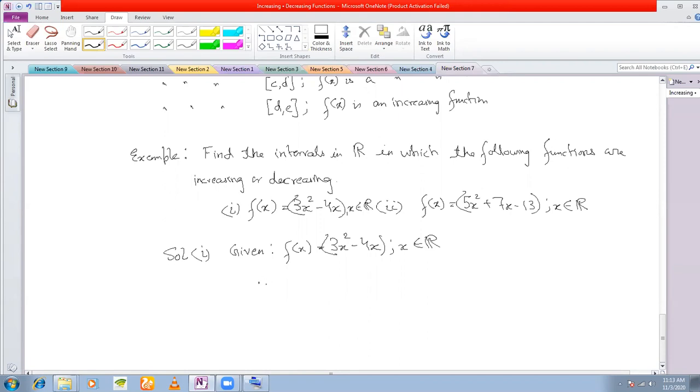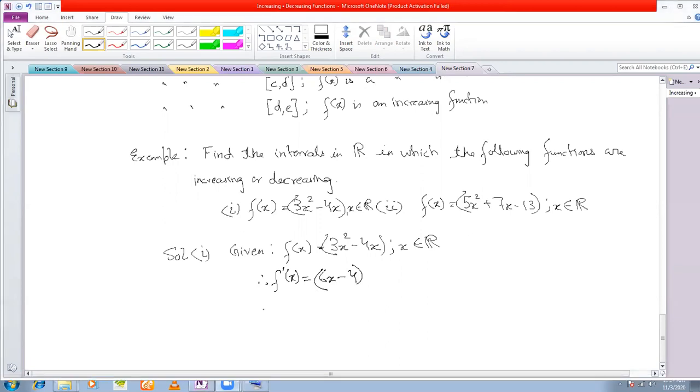What you do here is, you first differentiate. What do you get? 6x minus 4. The first derivative is 6x minus 4. Now you put f dash x equal to 0.